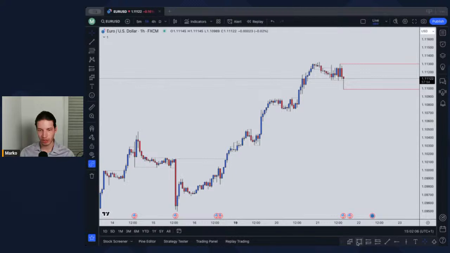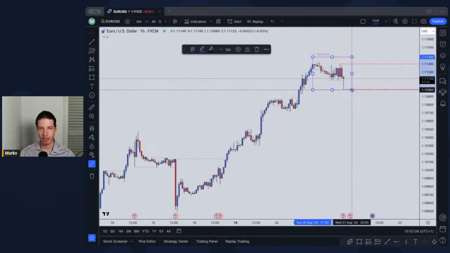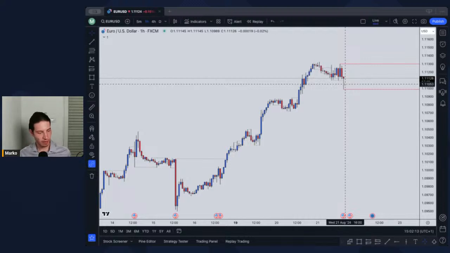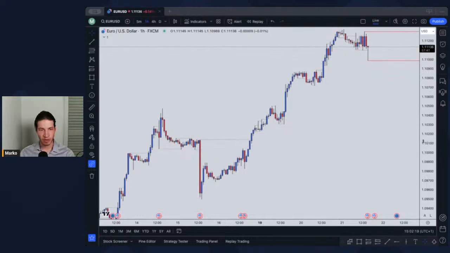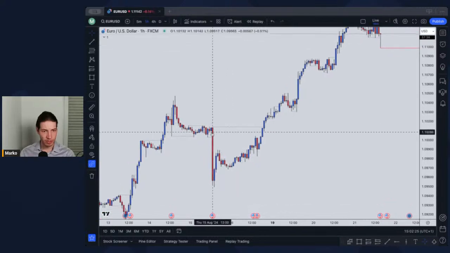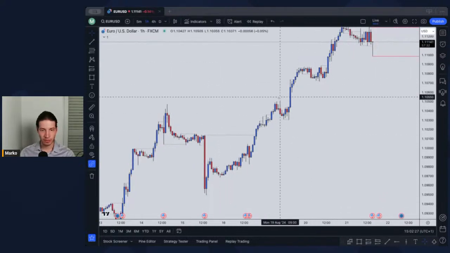So we just got some stagnation, some range bound price action in this area right here. But basically, I'm still on the lookout for that nice drop to the downside. If I analyze the price action from the last time that we had the live stream, which was last week on Wednesday, let me just find Wednesday last week.